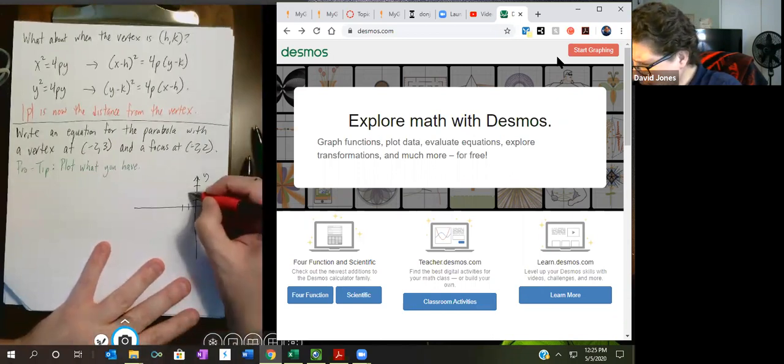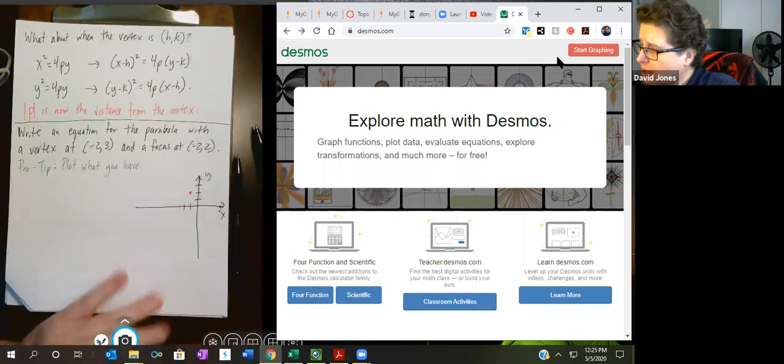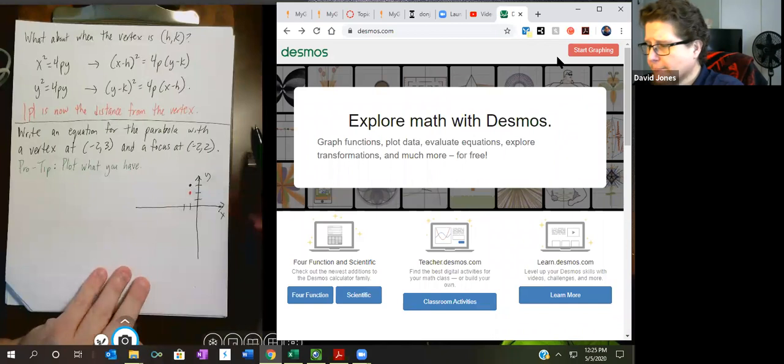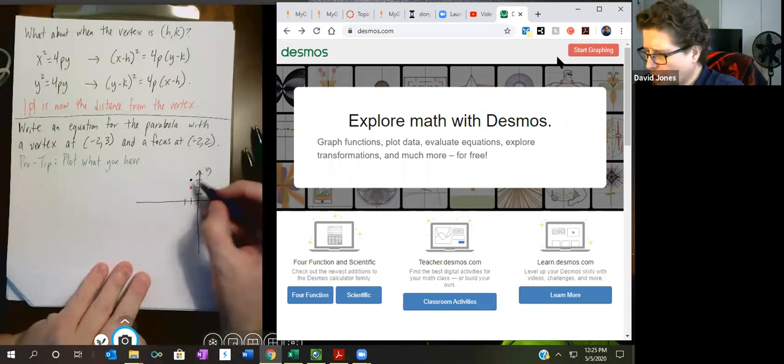My focus is here. My vertex is here, which means it's got to be opening downward.